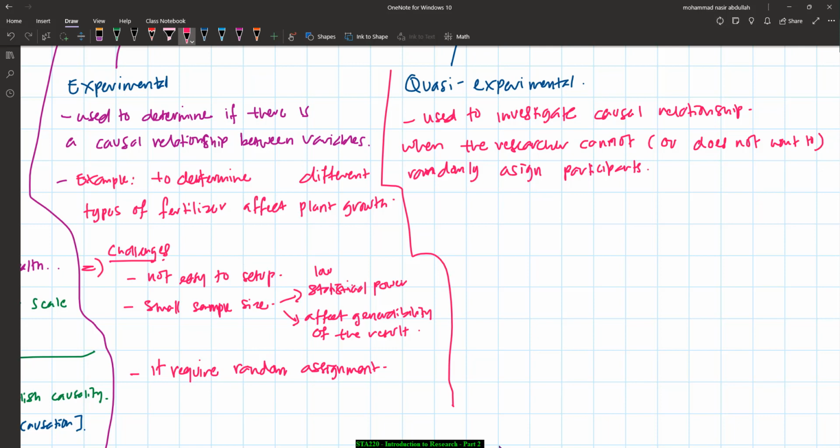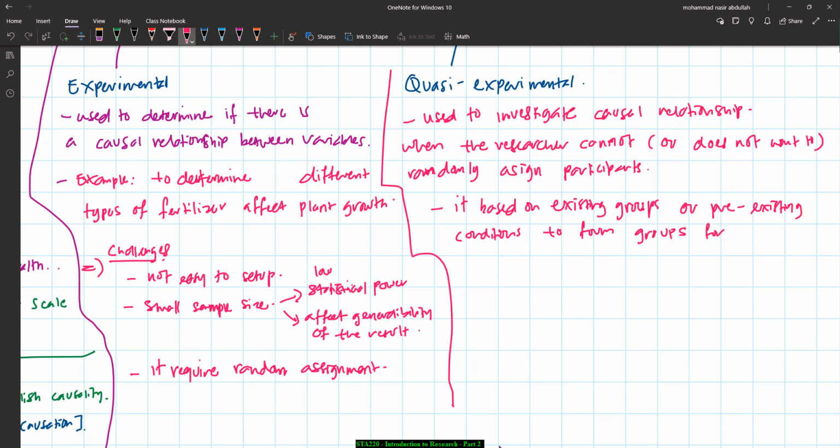Experimental, we need to do a random assignment of the group, right? But quasi-experimental, we don't have a random assignment of the group. So basically, it is based on existing group or pre-existing group condition to form group for comparison.